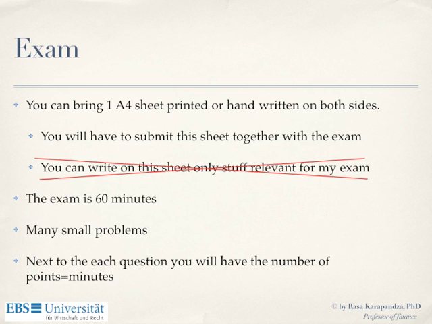If you think that you are not able to do it, move on, and if you think you need 10 minutes and not 4 minutes, then move to the next question. And you solve it if you have time. Time management is an important thing during the exam. And these points should serve you as a guidance.